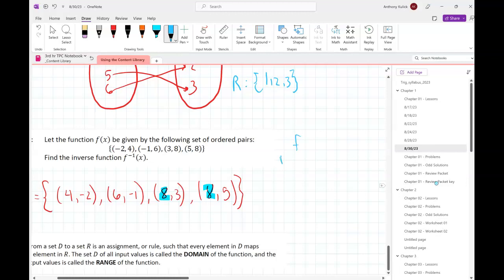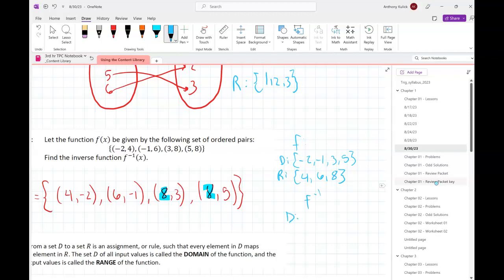For f, our domain is -2, -1, 3, and 5, just the x's. And the range is 4, 6, 8, and 8 again, but I know I don't ever repeat elements in a set, so we're just going to write that once.